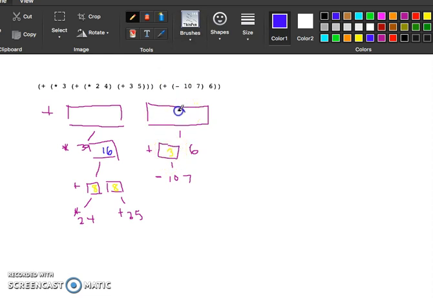So it's going to be 9. And then we do 16 times 3, which is equal to 48.